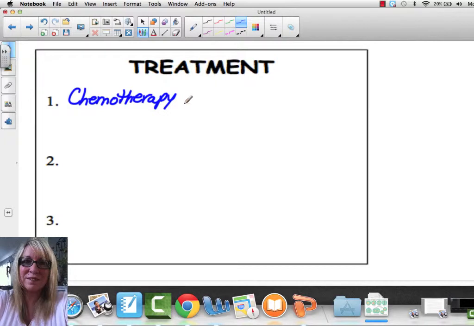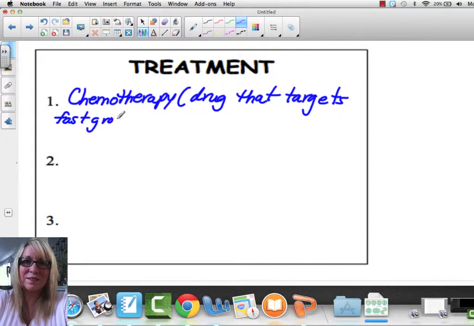And this is a drug that targets fast-growing cells. And there's a lot of side effects with chemotherapy. It can make you very, very sick and nauseous, and you throw up and cause your hair to fall out.